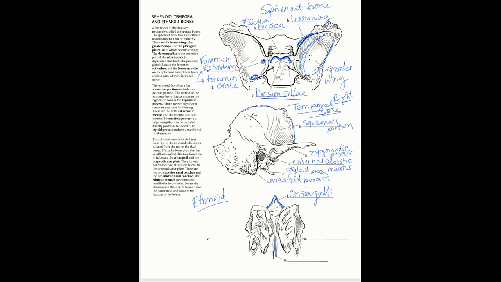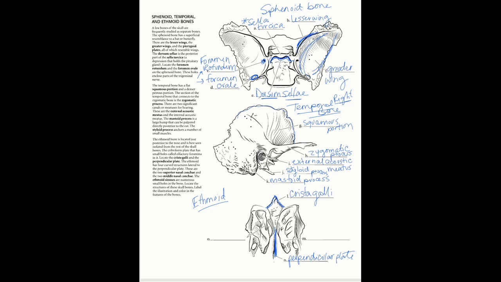And then here we have the perpendicular plate. The perpendicular plate is going to lead us to our nasal septum. So this is going to separate the left and right sides of your nose.